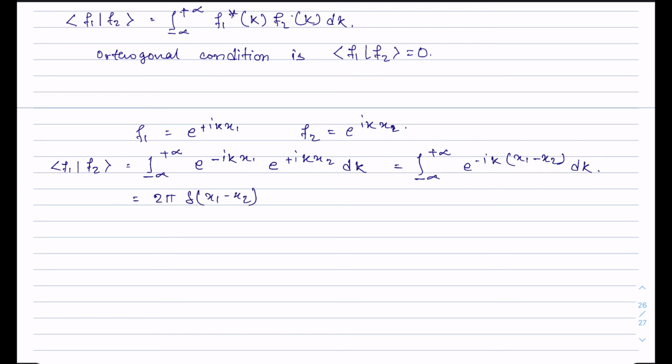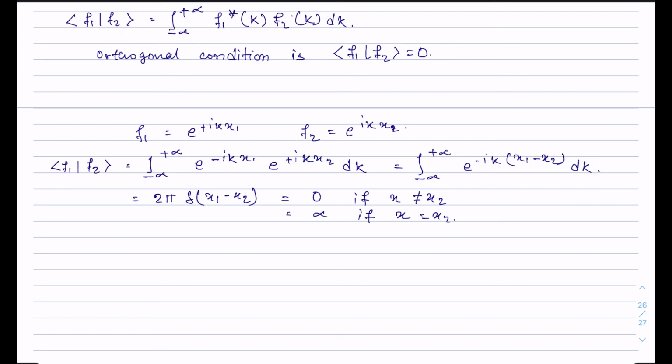So this inner product of f1 and f2 will be 0 if x1 is not equal to x2, and it will be infinity if x1 equals x2.